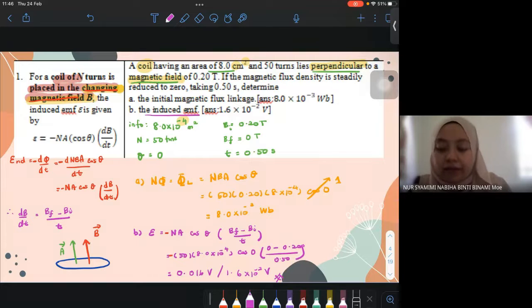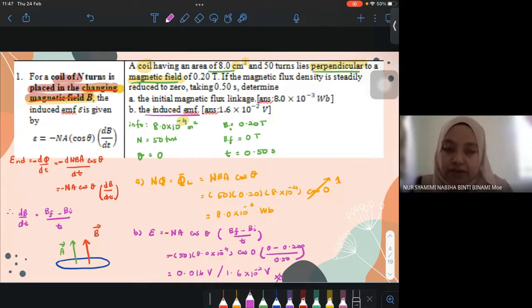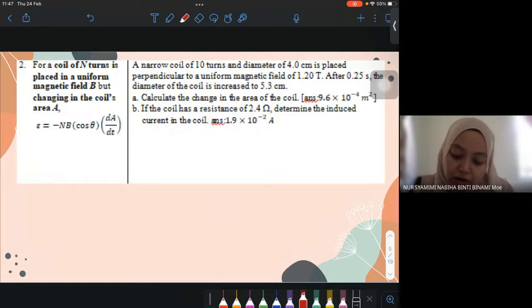Okay, so far faham? Faham, madam. Okay, good. The first case yang ini yang berubah ialah magnetic field B. Okay, the second one yang berubah, for a coil of n turns is placed in a uniform magnetic field but changing in the coil area. So yang berubah ialah area.